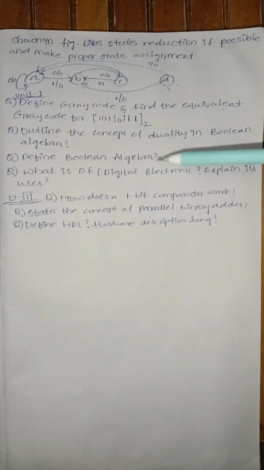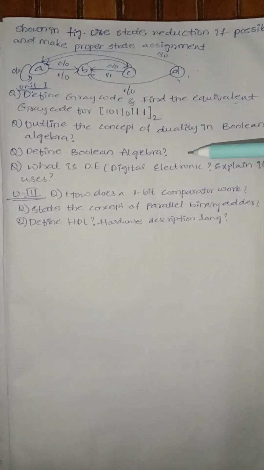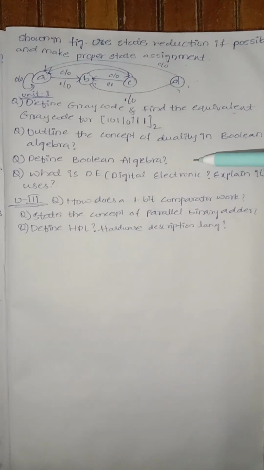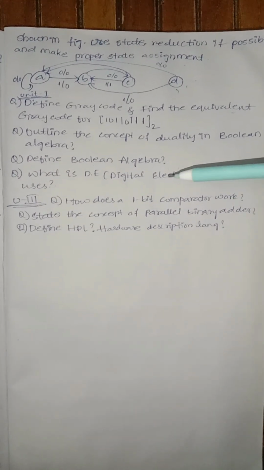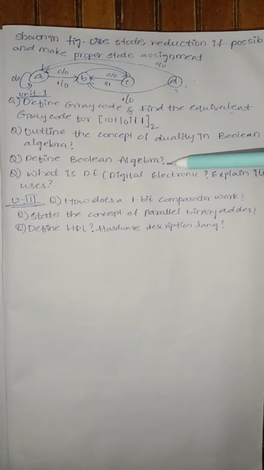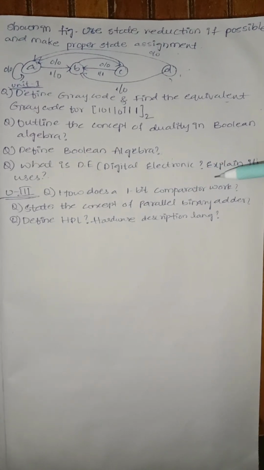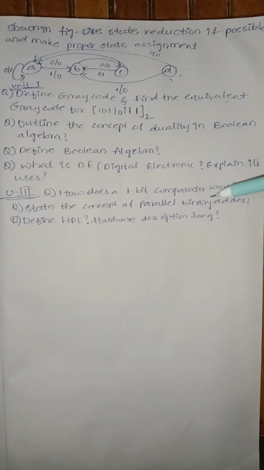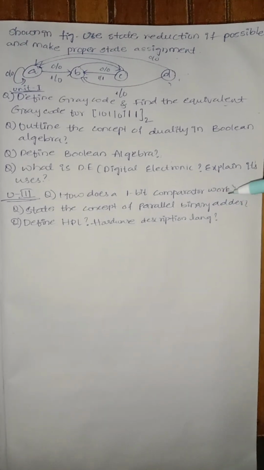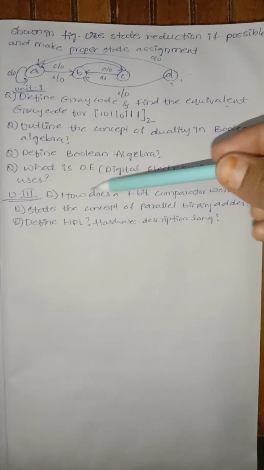They will ask one more question like what is the subject name, what is the use of it, digital electronics, what is digital electronics, what is the use of it, in which cases we will use these concepts. In the third chapter, one bit comparator, how it works, what is a comparator, what are the types of comparator, parallel binary adder, in which cases a parallel binary adder is used, and statement.